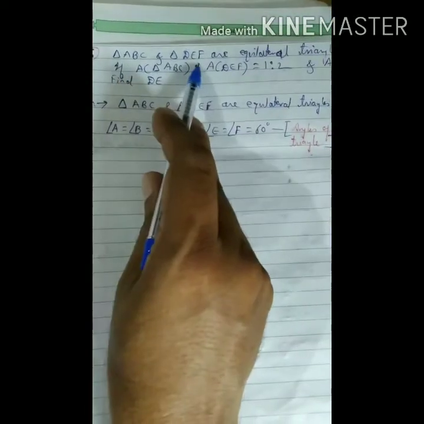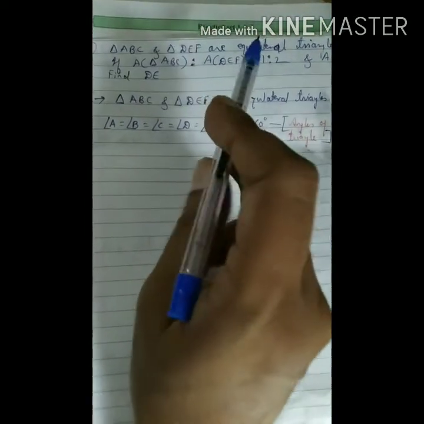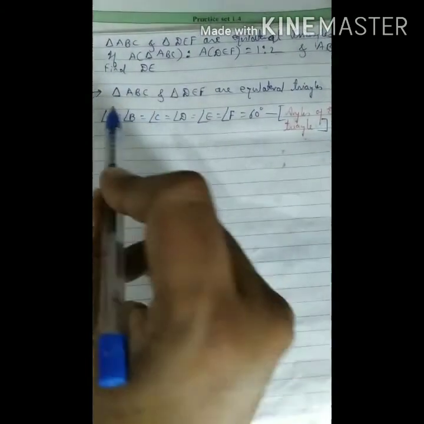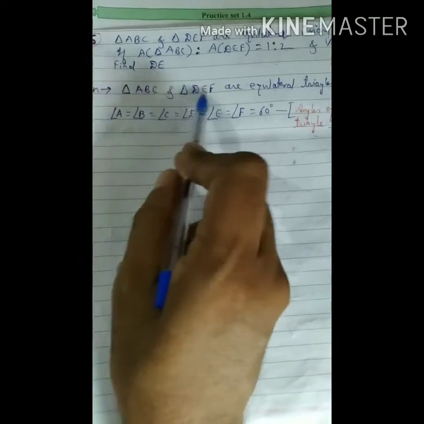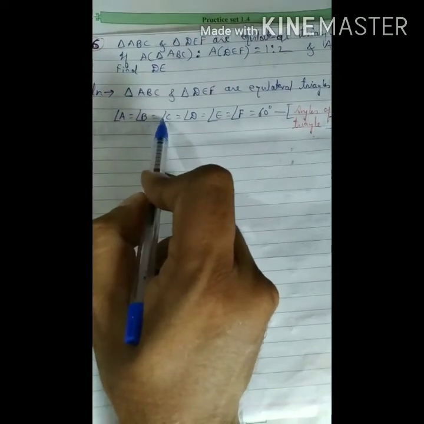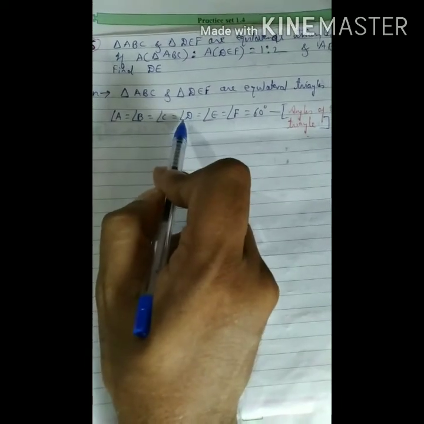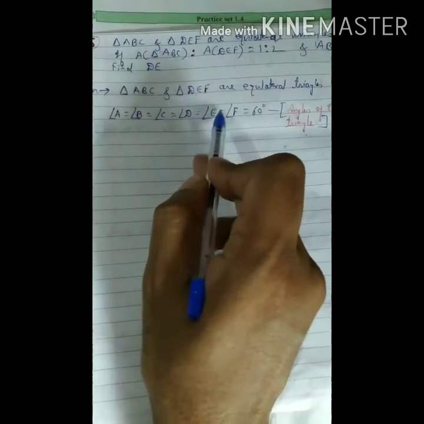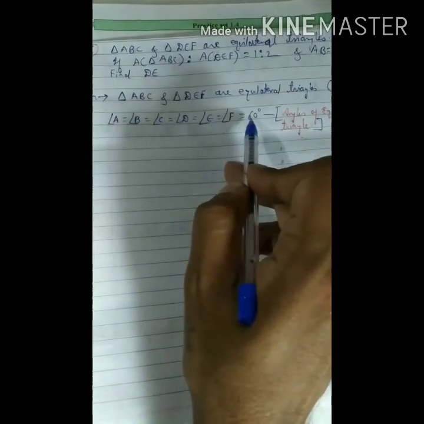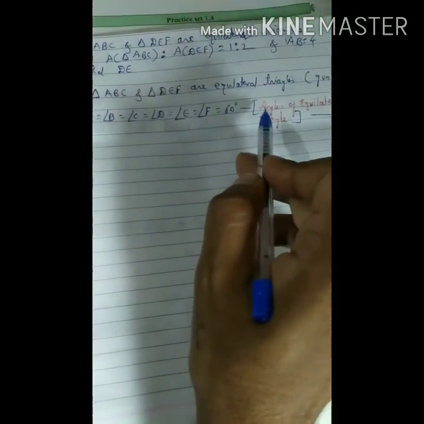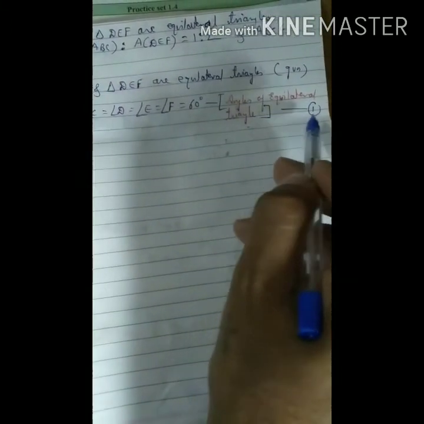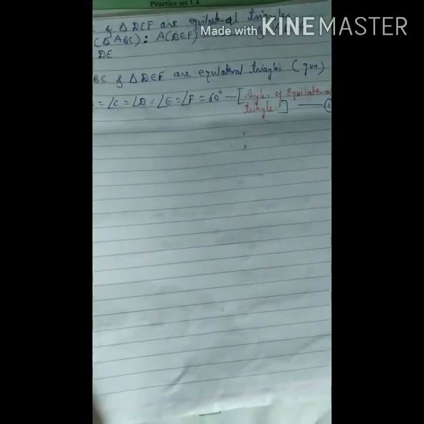Now we know that when a triangle is an equilateral triangle, every angle is 60 degree. So angle A equals angle B equals angle C equals angle D equals angle E equals angle F. All the angles equal 60 degree. Since it is angles of equilateral triangle, let this be my statement number 1.